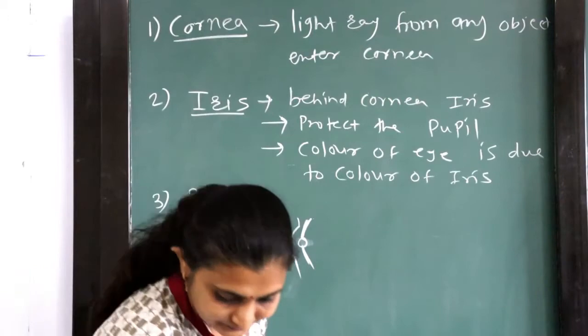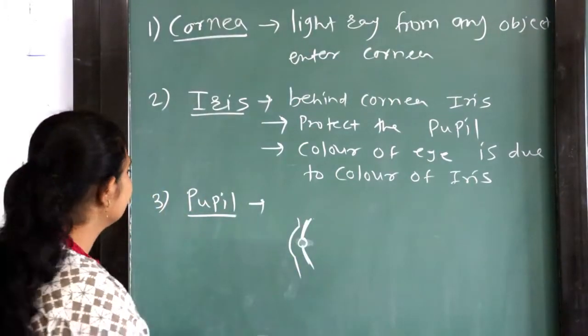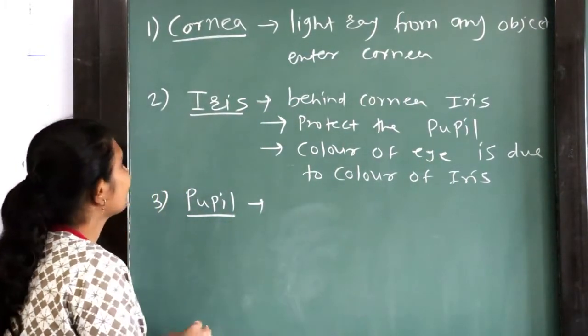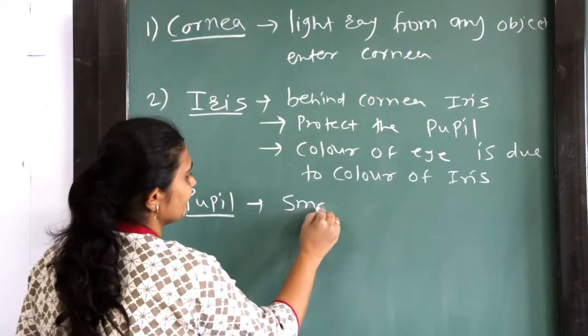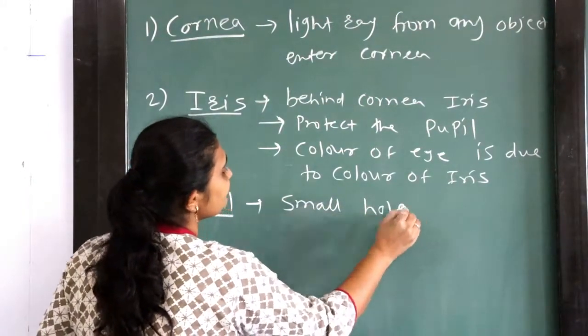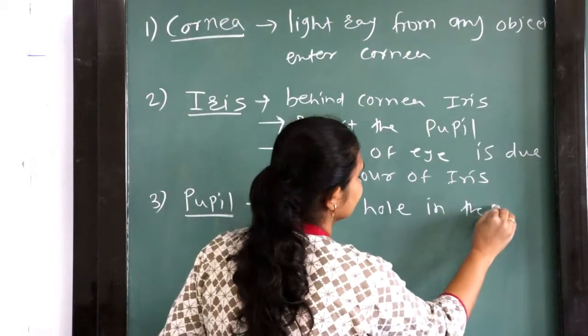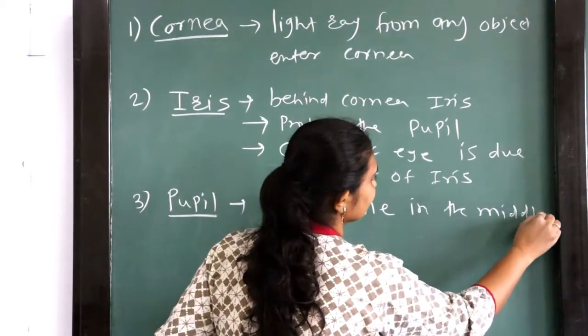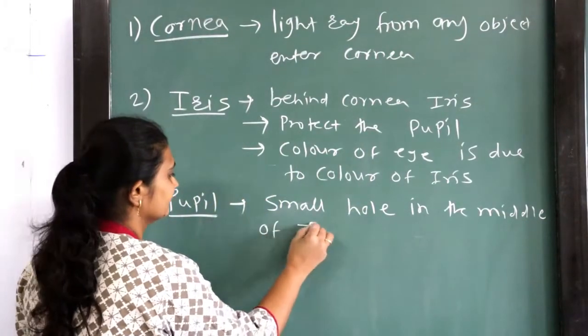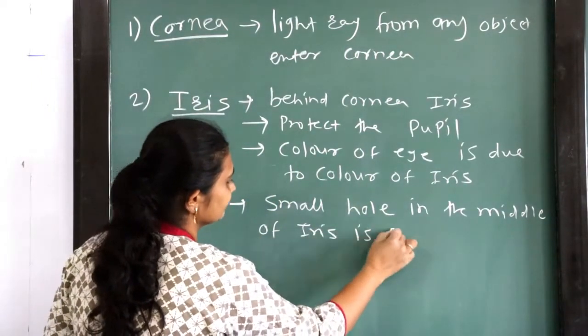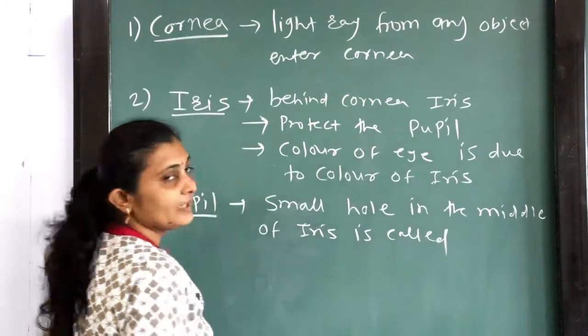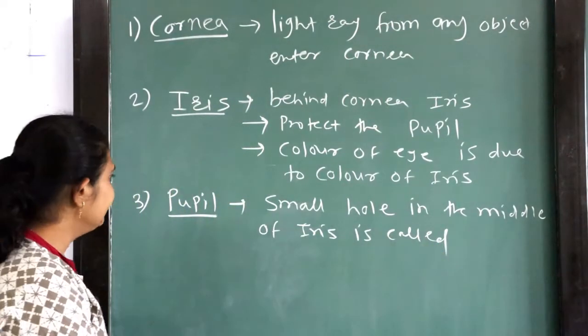Understood? The small hole in the middle of the iris is called the pupil.